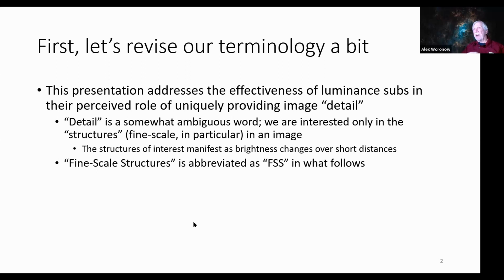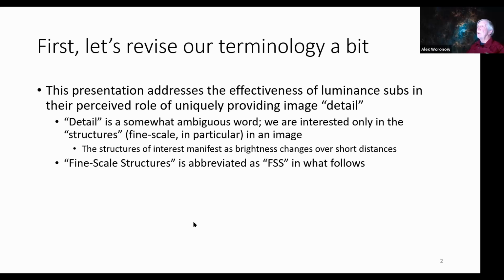First, I'm going to revise terminology a bit, because we use the word detail for our images, and detail, in fact, can mean a lot of things, at least a couple of things. It not only means, of course, differences in brightness from one area to another, which can render detail, but also changes in color and, in fact, changes in tint, tone, and all those other words used to describe color can also provide detail in our image.